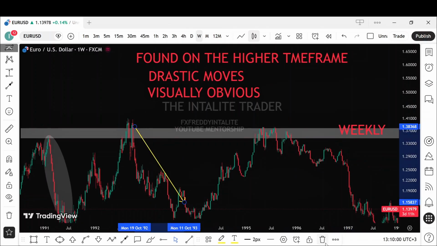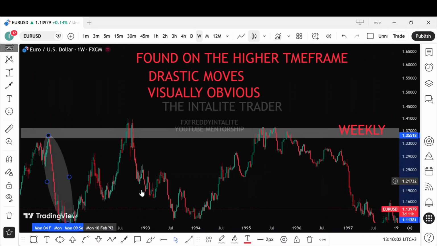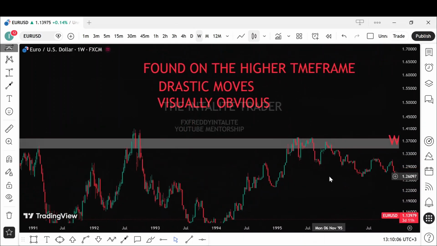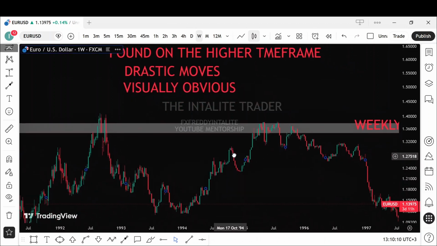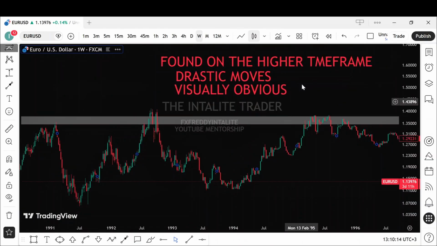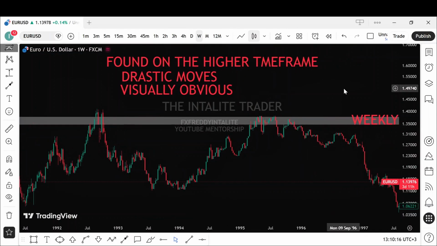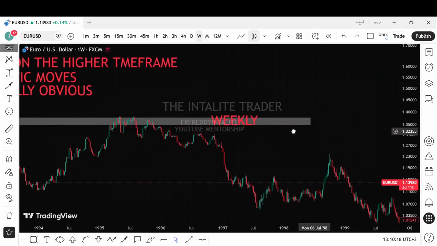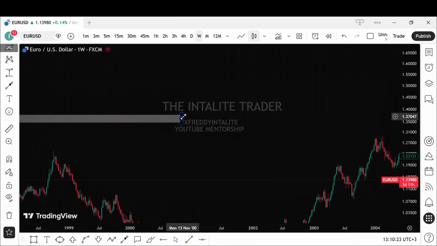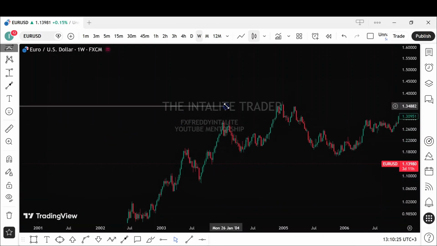So it is visually obvious. Okay, at least if we have three, then we can treat it as a good level, a reliable level, such that in the future, when price comes to this level, we look forward to taking trade opportunities.